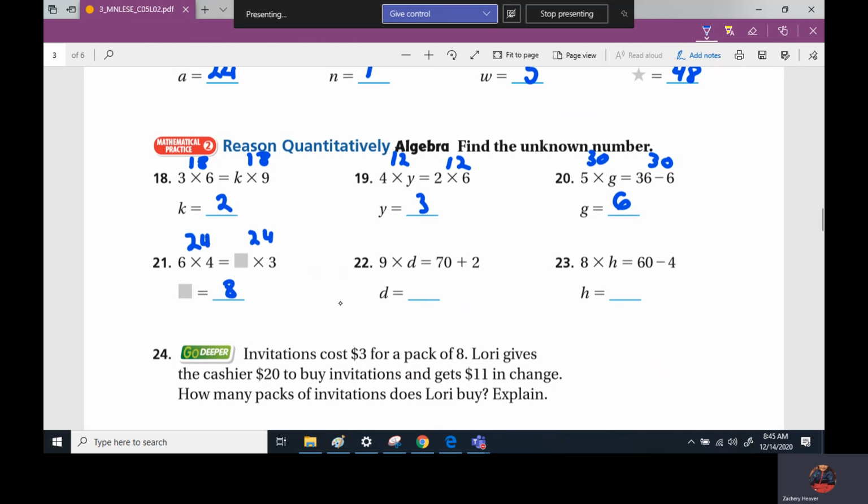It's going to be 8. 70 plus 2 makes 72. And 9 times d equals 72. What's 1 less than... it's going to be 8, because 1 less than 8 is 7, plus 2. Then 60 minus 4 is 56. 8 times h has to equal 56. And then 8 times 7 does equal 56.